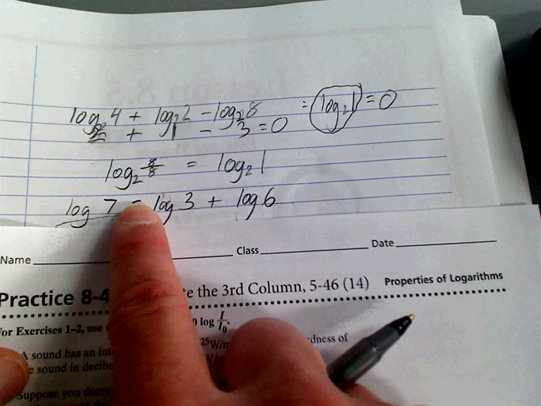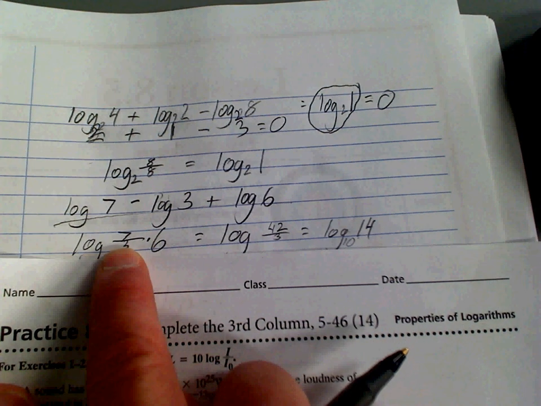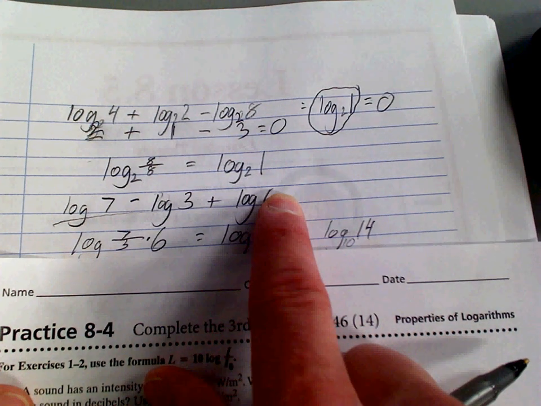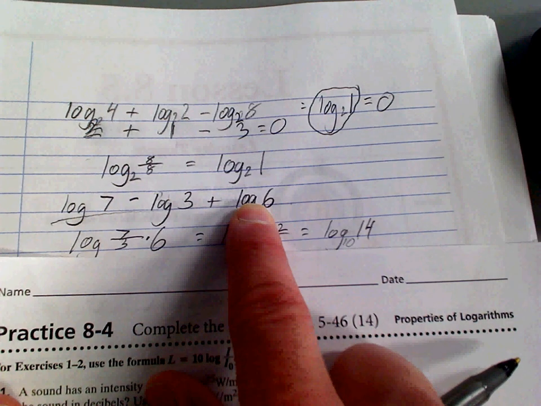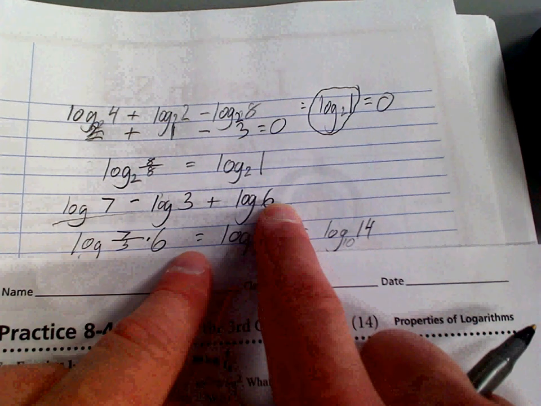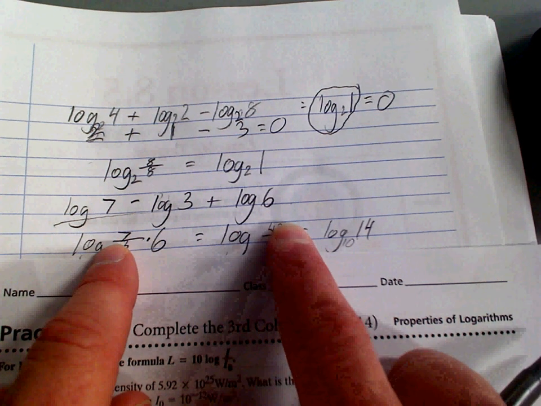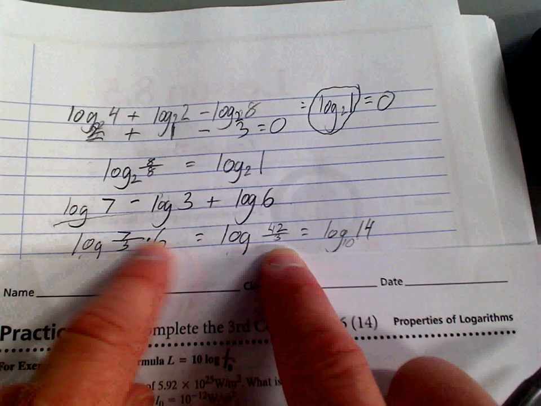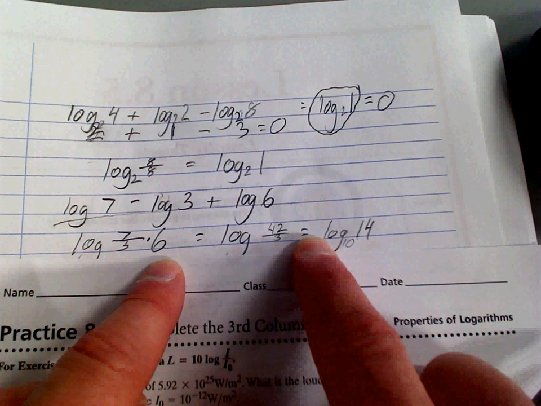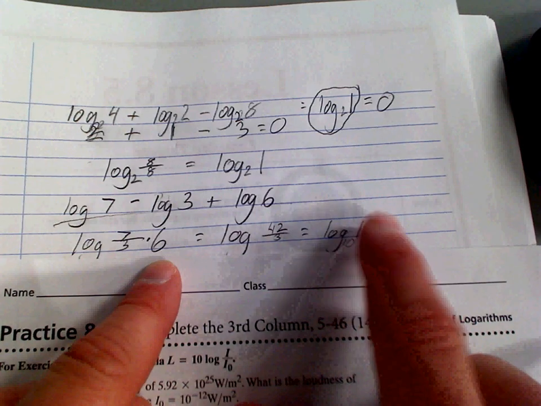Subtraction means put them together with the quotient property. So that'd be 7 divided by 3. The plus log 6, we use what property? Product. So whatever these two divided, multiplied times that one. So you can make that log of 6 times 7, which is 42, over 3, which is log 14. That's how you get down to that.